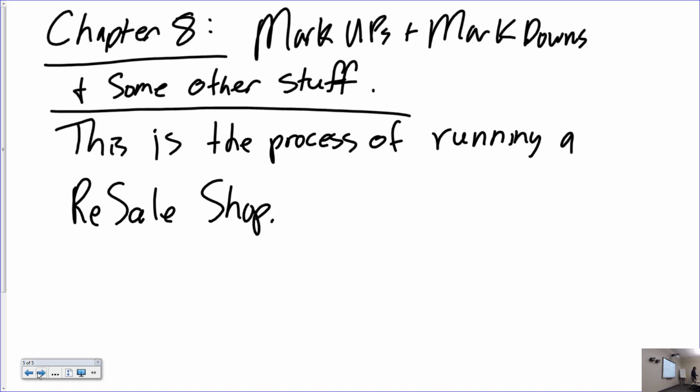Okay? So a retail industry, which is what we did in Chapter 7, everything is driven off of the trade discount amount. In a resale shop, it's all the business owner's way of doing it. We buy something from someone, we mark it up a certain amount of money, and then that's what we sell it for. Traditional kind of standard business model practice, right?